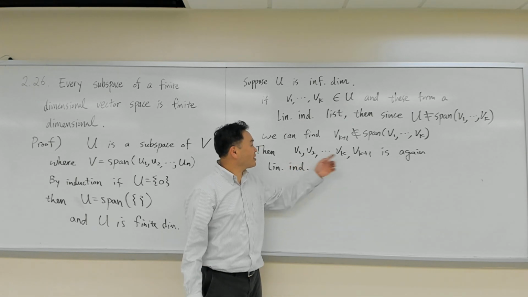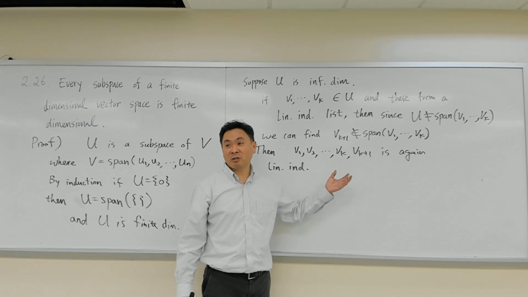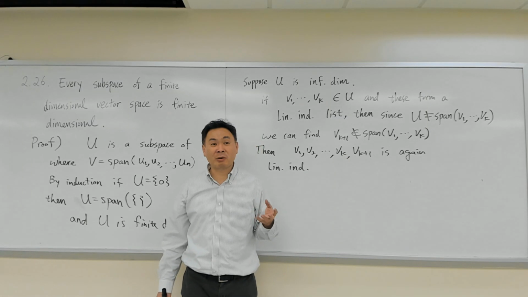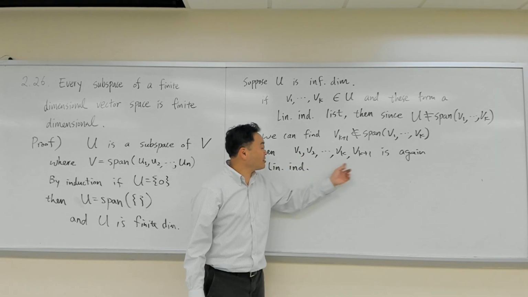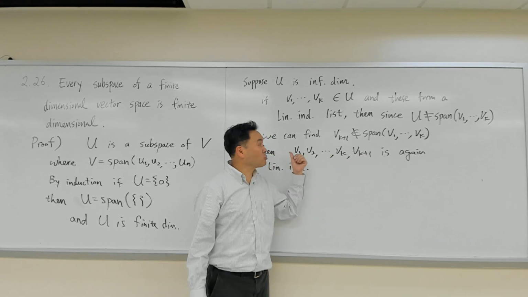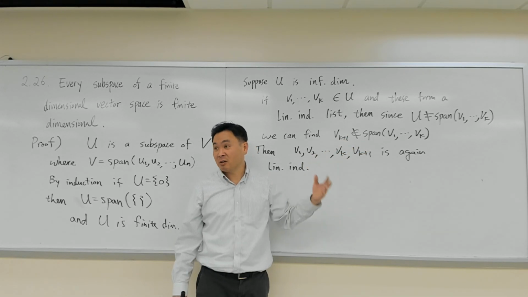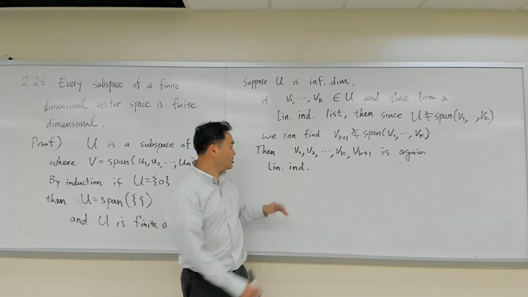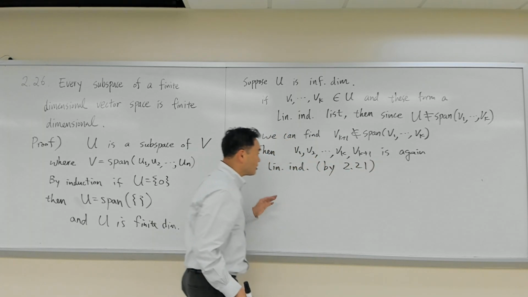If it's dependent, then it will be contradicting our linear dependence lemma. So if this entire thing is dependent, then one of these is in the span of the previous ones, but the way we're constructing it is always that the next one is not in the span of the previous ones. So this is really by, again, 2.21, linear dependence, right?